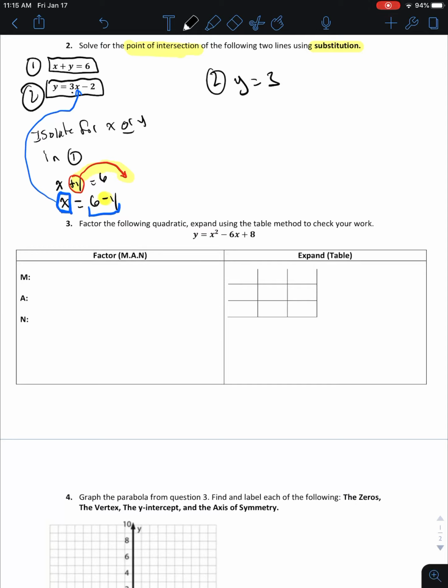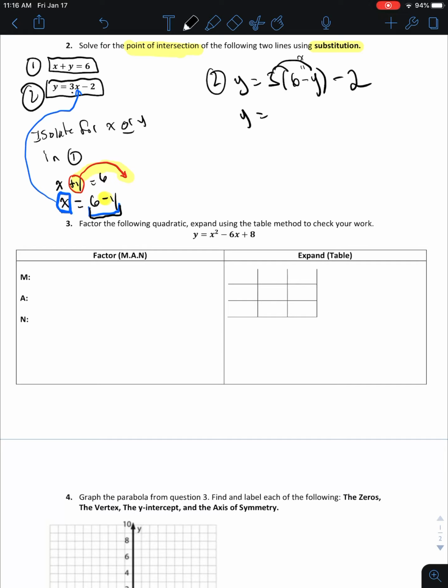It's going to look like this, 3, but instead of writing x this time, I'm going to write this, because x is equal to this. So I'll write it in brackets, and then minus 2. You see how this was x? Now I just replaced it.